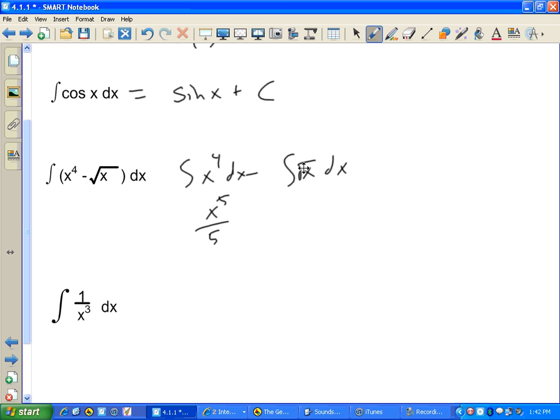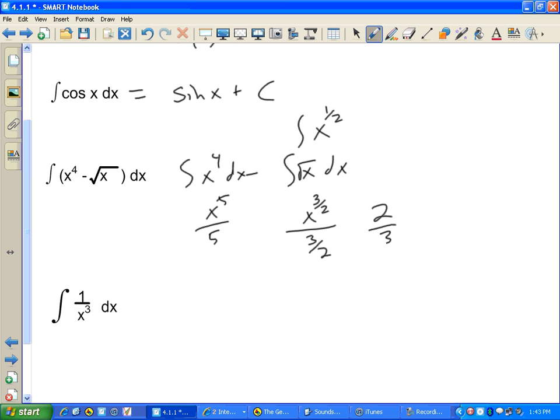This one is still a power rule. Just remember that square root of x is still just x to the 1/2. So when I integrate this, okay, I need to increase the power by 1. So 1/2 plus 1 would be 3/2. Okay, and then I need to divide by that same power. But of course, I don't want to have a fraction over a fraction, so I'm going to actually end up multiplying by the reciprocal instead.